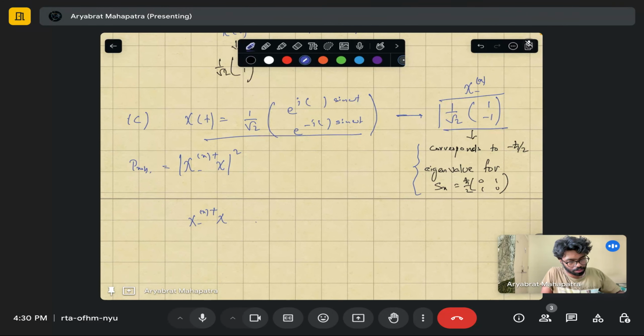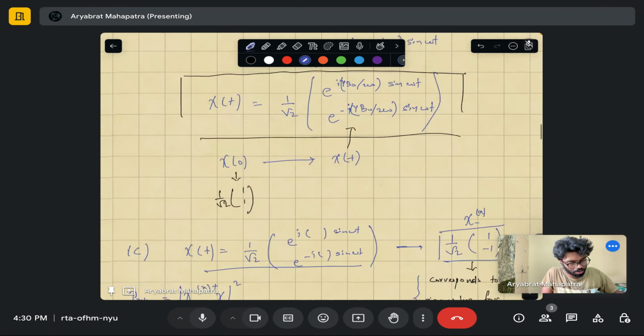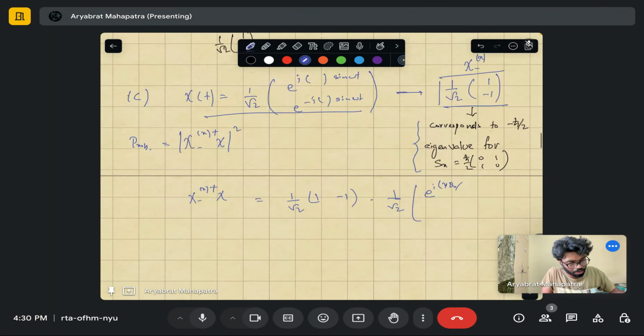So do 1 by root 2, 1 minus 1, times 1 by root 2, then the entire thing, gamma b naught over 2 omega sine omega t.